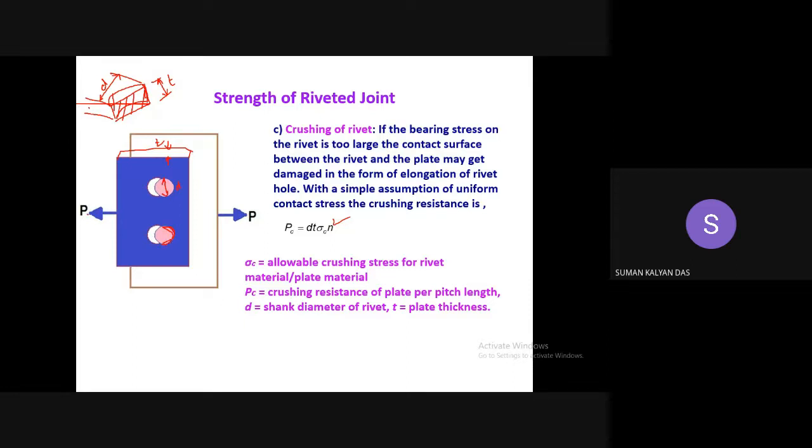I am pulling this blue or purple colored plate to this side, while the rivet is supposedly staying in its place. The rivet is stationary, but the plate is pulled. So there is contact between the plate and the rivet at this area, which is under compressive force.